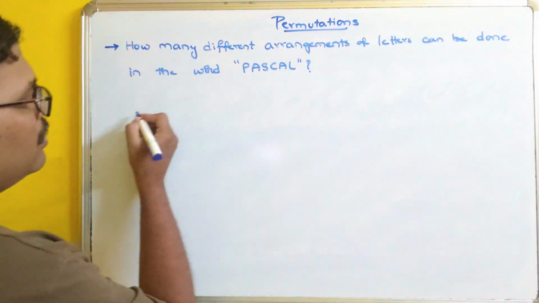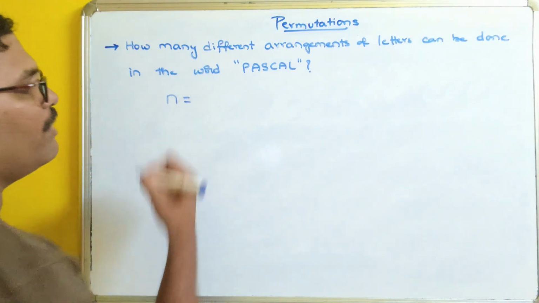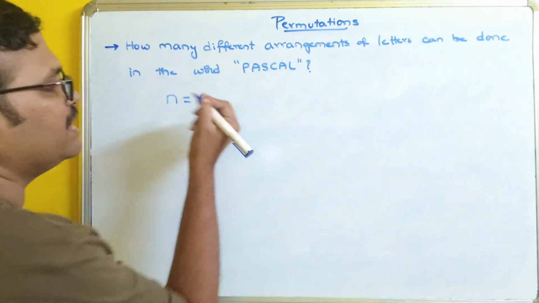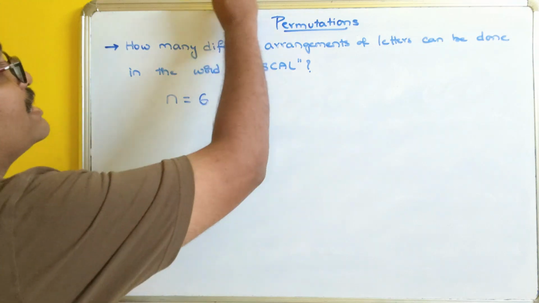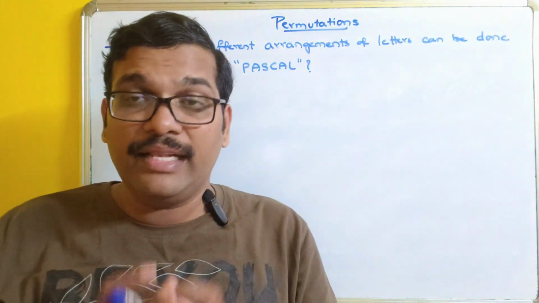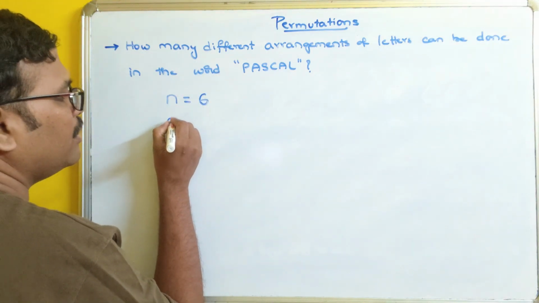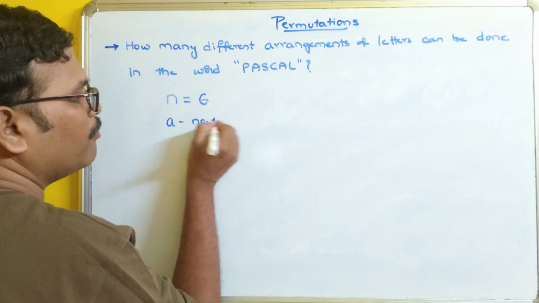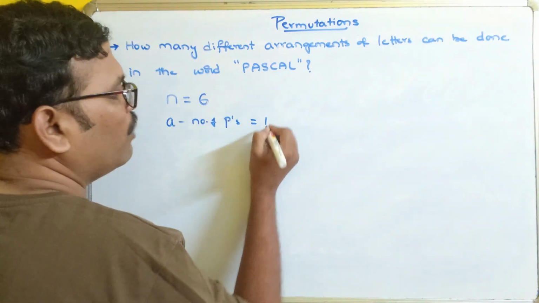Now what we have to do is find the n value. 1, 2, 3, 4, 5, 6, so total 6 characters are there. So n value is 6. Now we need to find the unique characters and their occurrences. Number of letter P's: 1.